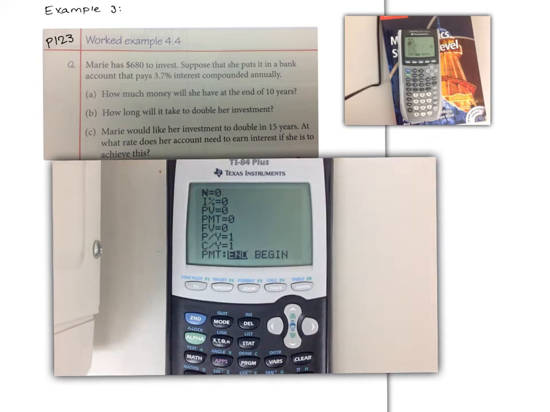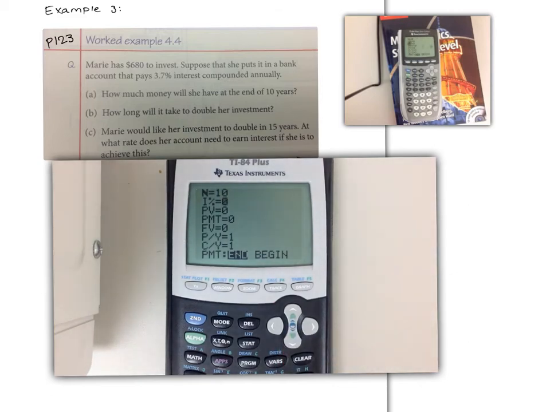Okay, in order to do this on your calculator, you need to figure out a couple things. N is the number of years. Marie is asking how much money she'll have after 10 years, so n would be 10. The interest rate, this is unique, it's as a percent, not as a decimal.